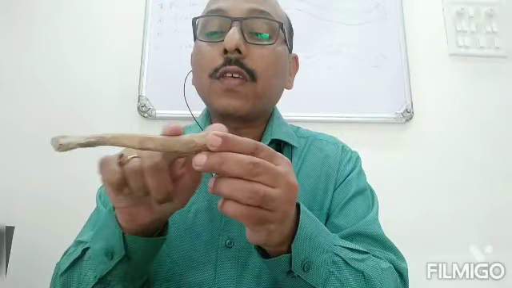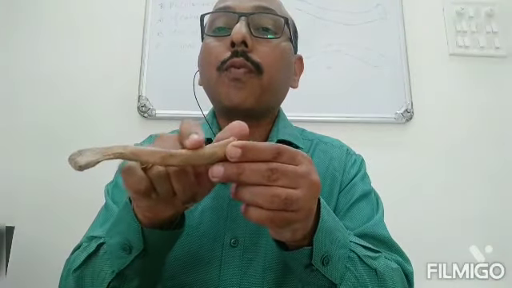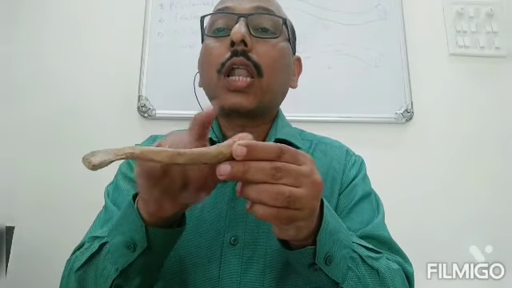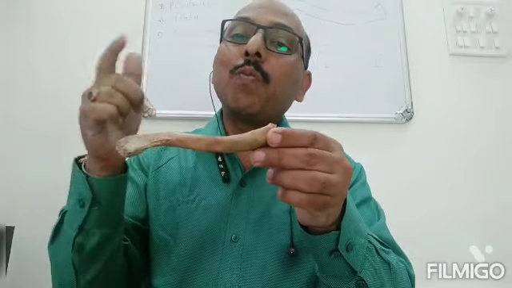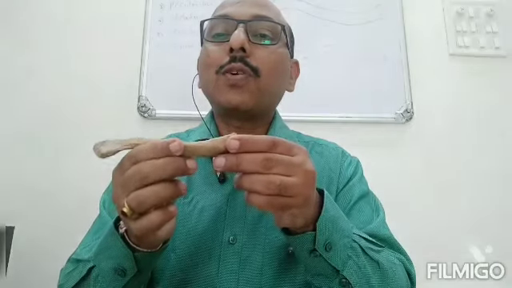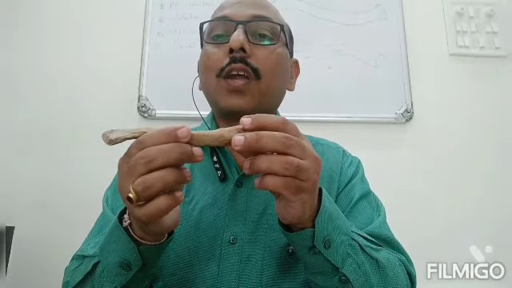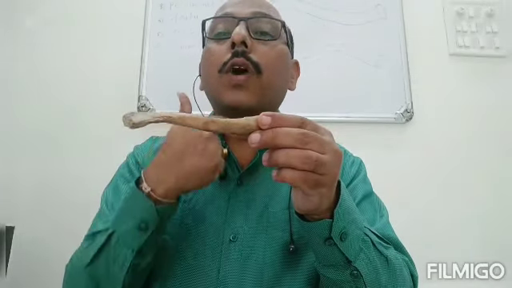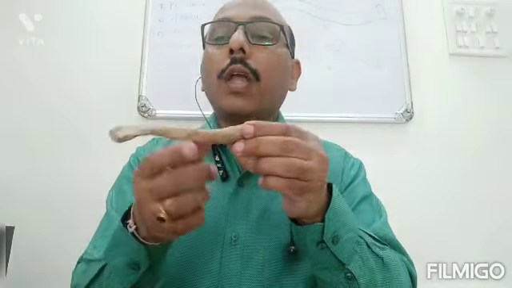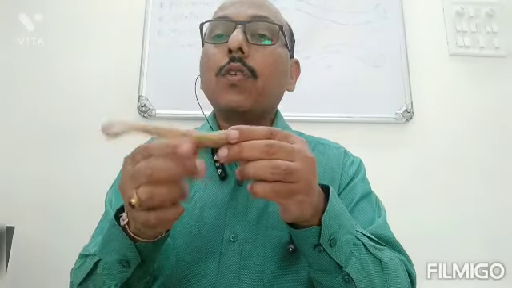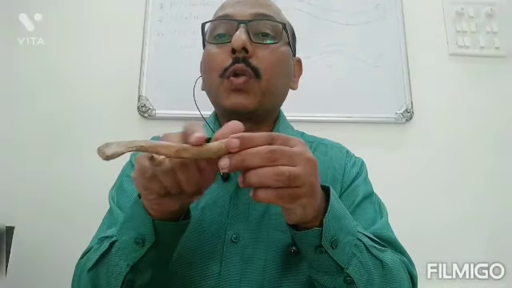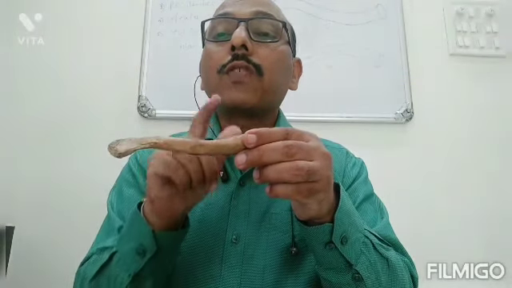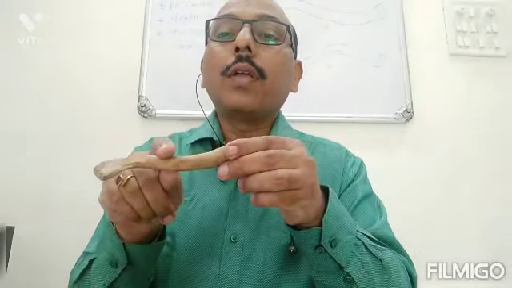Then the superior surface, the half of the rough superior surface gives origin to the clavicular head of sternocleidomastoid. Sternocleidomastoid muscle originates from the sternum and goes to the mastoid. It has 2 heads, one originates from the sternum and another originates from the clavicle. Superior surface of the medial 2/3, half of the part gives origin to the clavicular head of sternocleidomastoid.